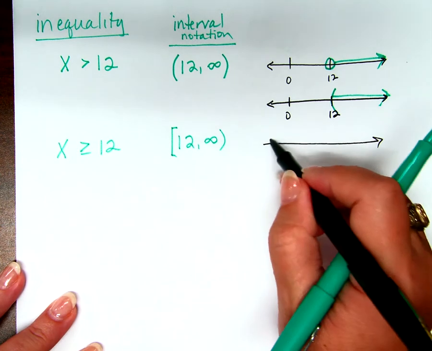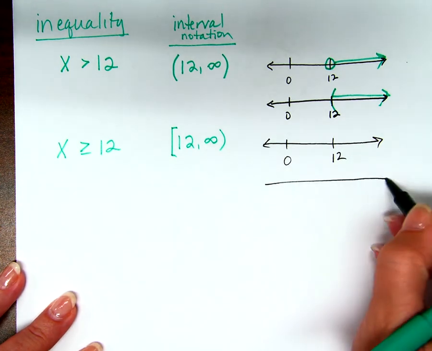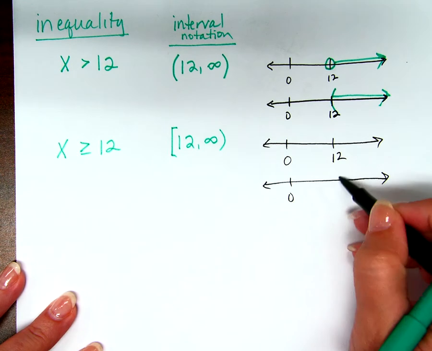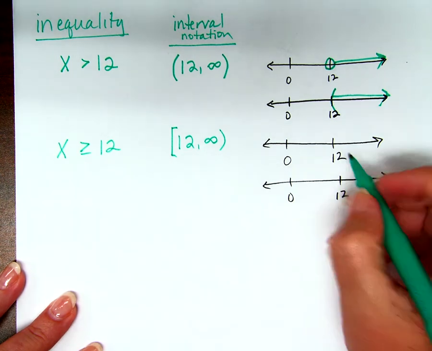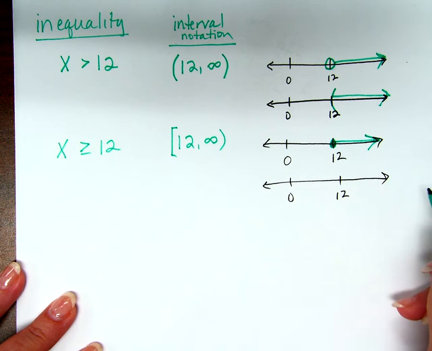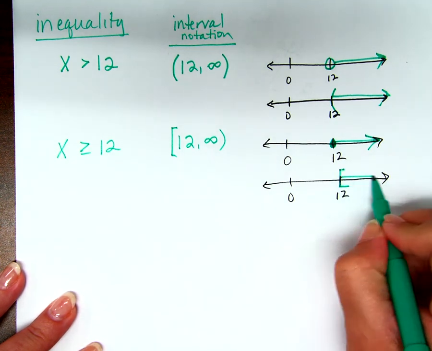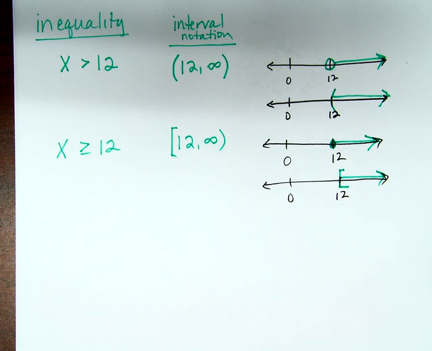So this time on the number line, making sure we know both ways, it would either be a closed circle on 12, pointing greater than, or an actual bracket, pointing greater than. Everybody understand that okay? Okay.